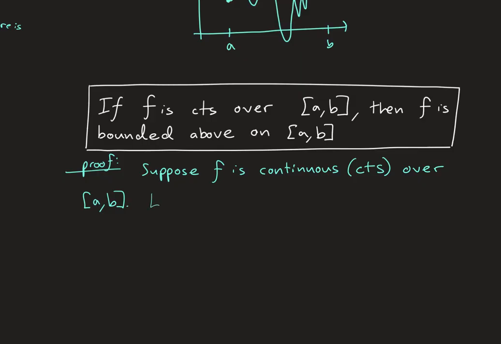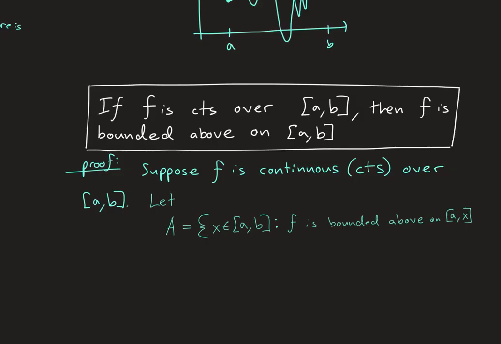I'm going to say let A be the set of x values in this closed interval such that f is bounded above on the closed interval a to x.